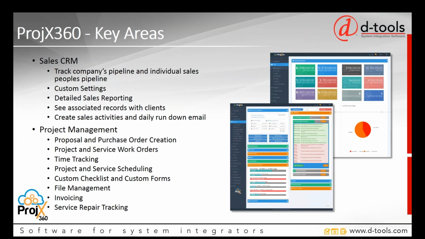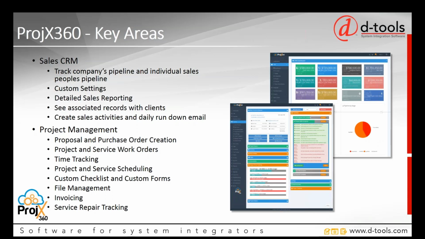For instance, you can create the sources of where your leads are coming from, whether they're from builders, architects, designers, or advertising campaigns. There's a lot of detailed sales reporting to see what your pipeline is, by that source or by the salesperson. You can easily see any associated records with your clients, such as projects, proposals, work orders, or invoices.